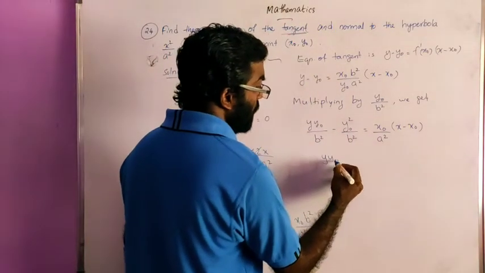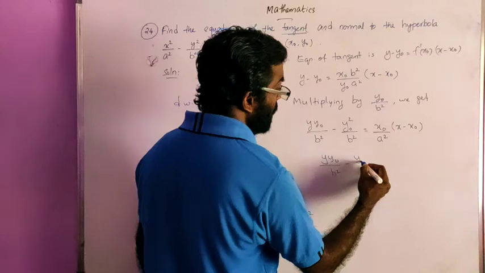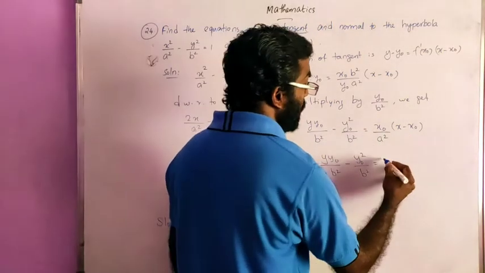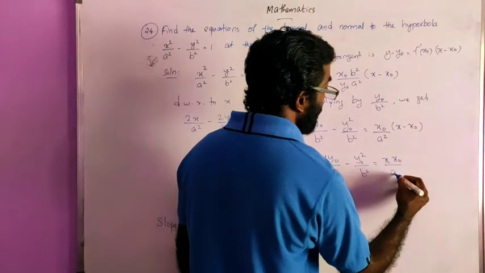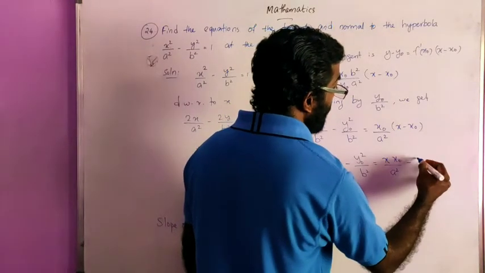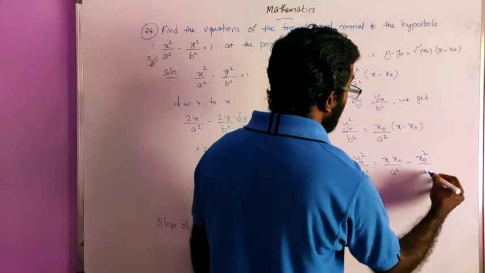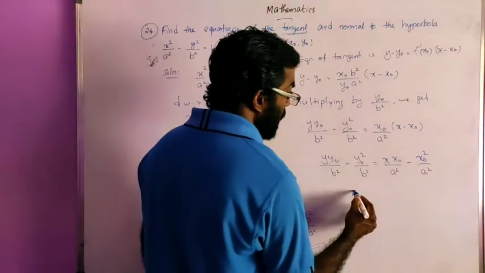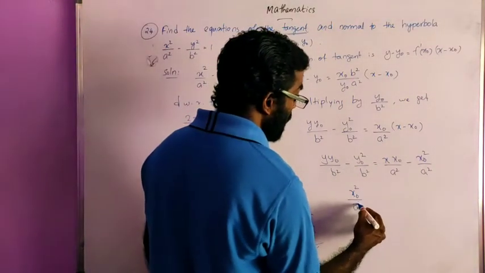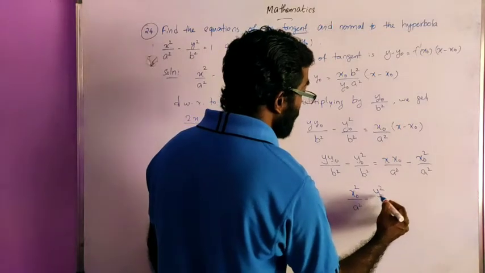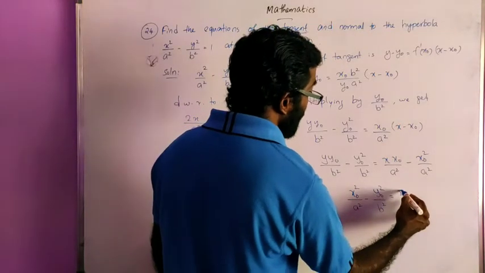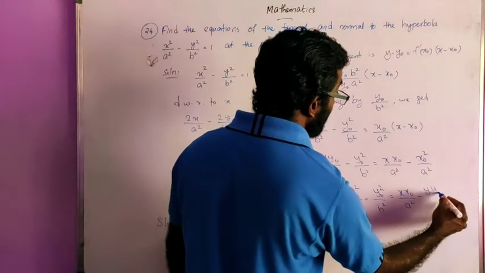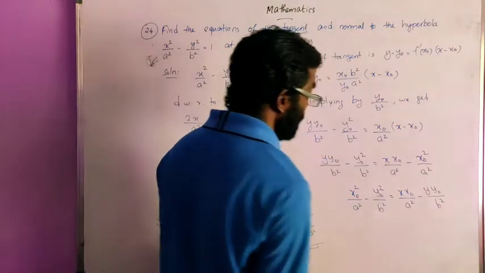That is y y0 by b square minus y0 square by b square, which is equal to, you can multiply this one, x x0 by a square minus x0 square by a square. And we can change this negative term to the left side, x0 square by a square minus y0 square by b square equal to x x0 by a square minus y y0 by b square.